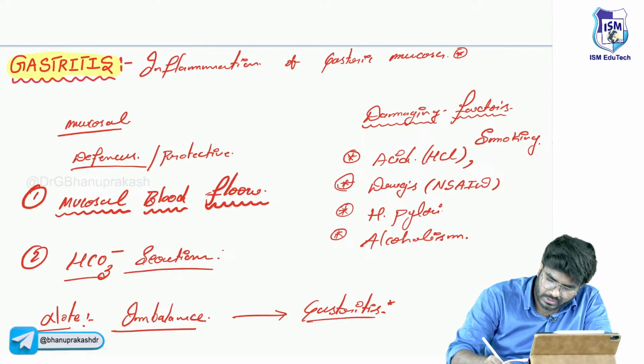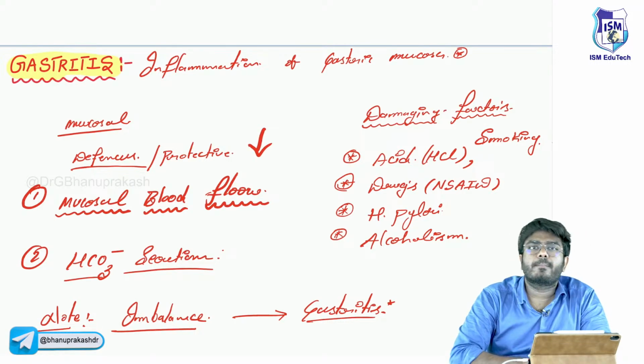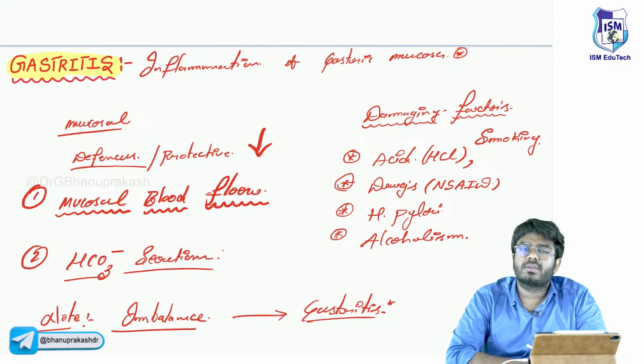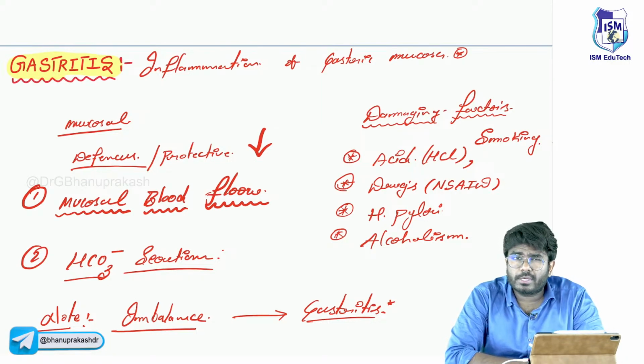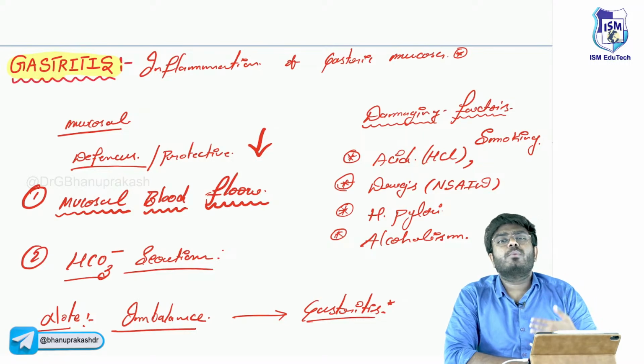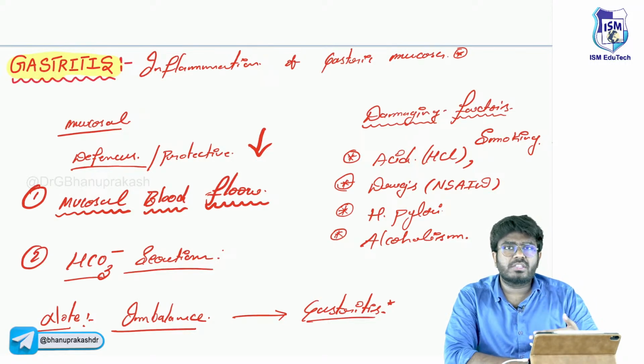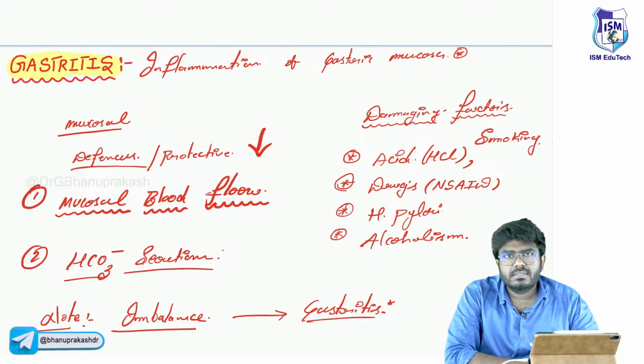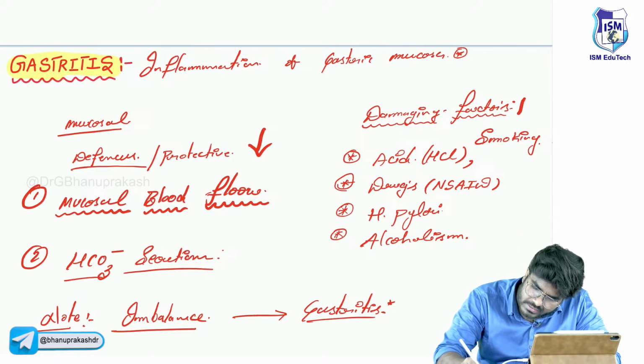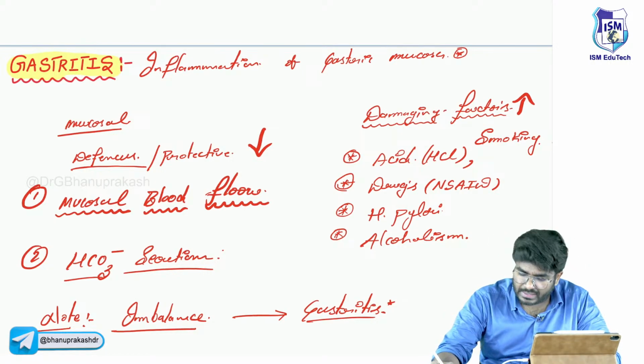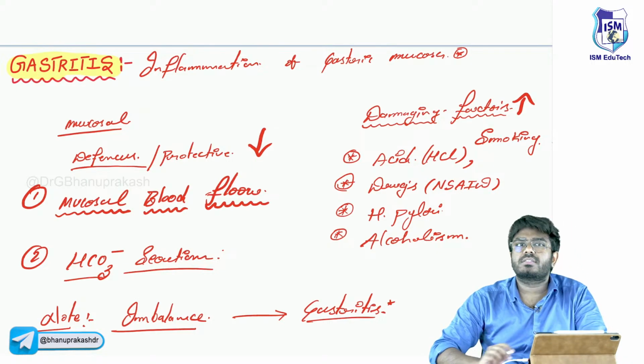For example, if the protective factors are going down, with a decrease in the mucosal blood supply or a decrease in bicarbonate secretion in the stomach, or if there is too much acid production or excessive intake of non-steroidal anti-inflammatory drugs, meaning the damaging factors are increasing, that imbalance can lead to gastritis.